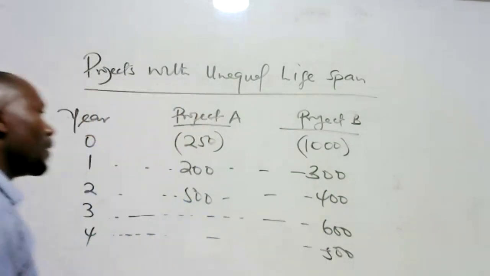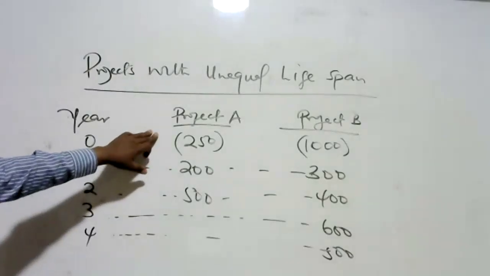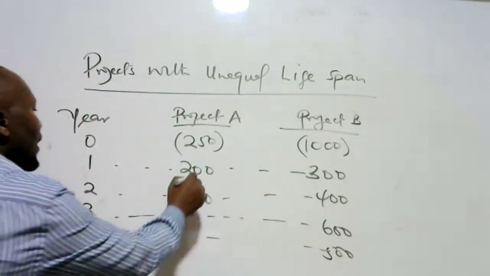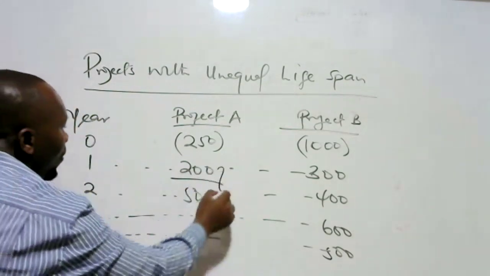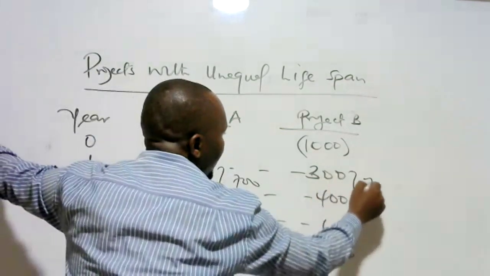So as you can see, the amount that you shall use to start project A is quite limited, 250 compared to 1,000. But in year 1, you'll get 200. In year 2, you have covered almost 700 total. This one is 700 as well.